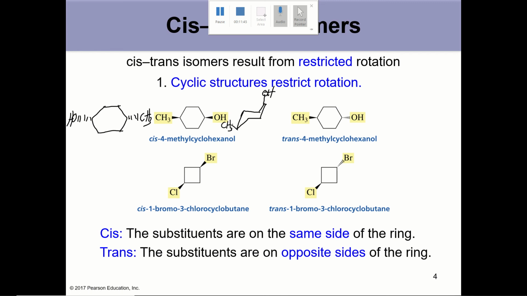Since methyl is bigger than the hydroxyl group, I put the methyl group equatorial. But if you ask me, it's easier to look at the cyclohexane drawn as a hexagon with the solid wedges. You should still be able to draw and interpret both.